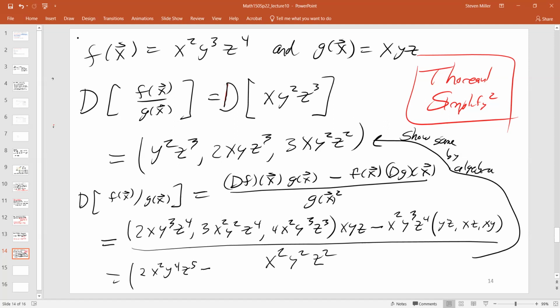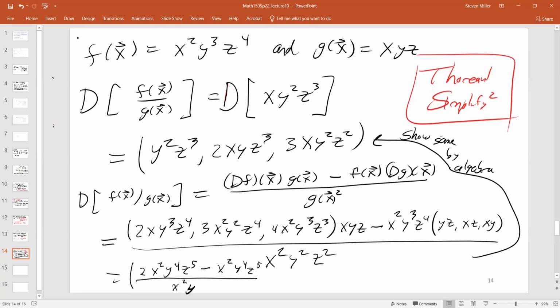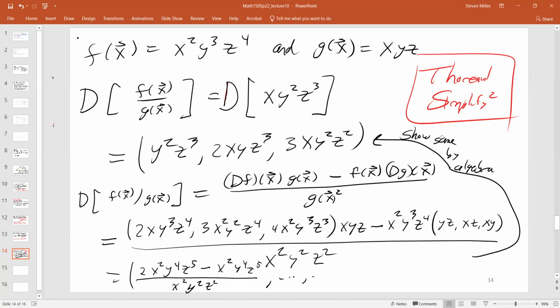Minus x squared y to the 4th z to the 5th, over x squared y squared z squared. So the x squared cancels, and it should be y squared z cubed. I'm not doing all the algebra, I'm just doing the first one. This is enough to show that it works.